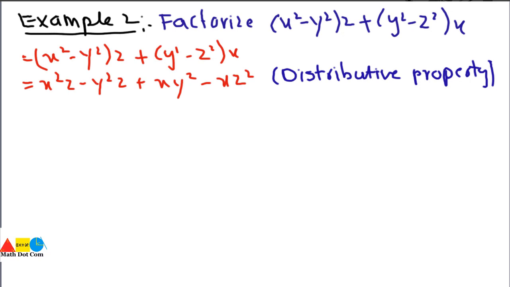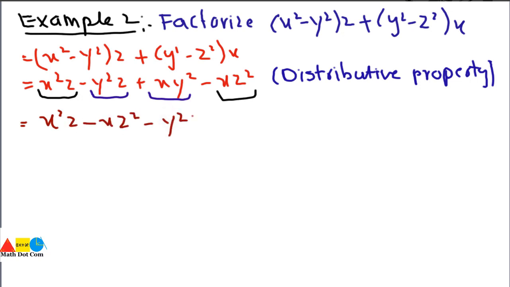So the pairs can be made as this is one pair and this is one. By pairing like this we can minimize the expression as much as we can. So we can write x square z minus xz square minus y square z plus xy square.